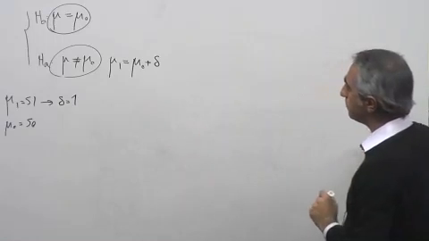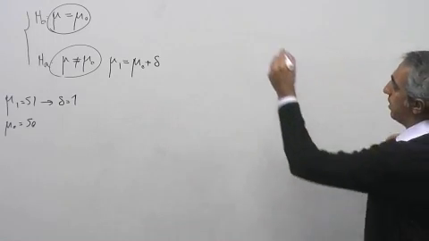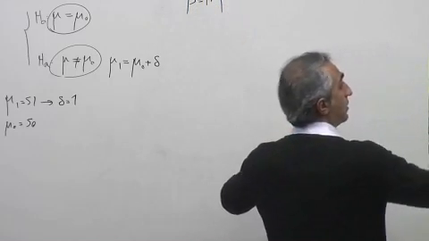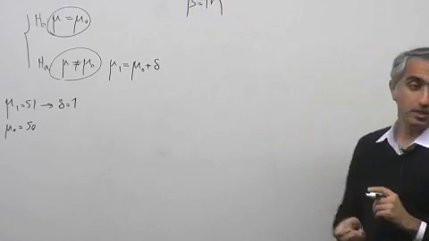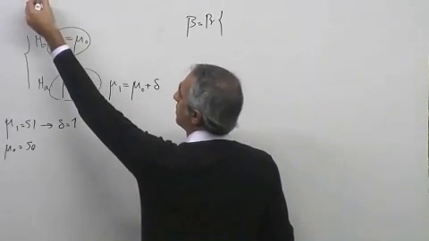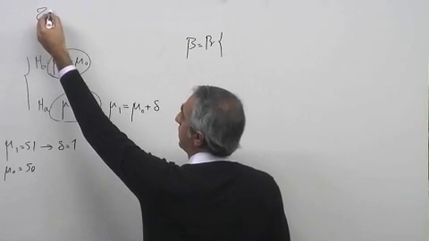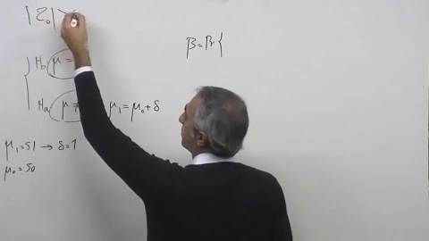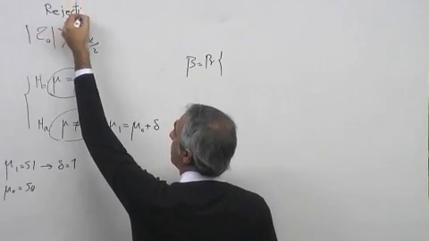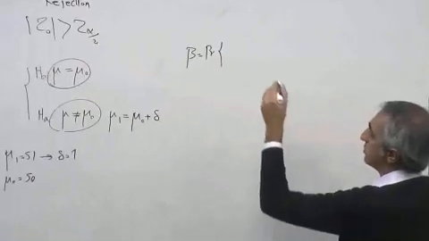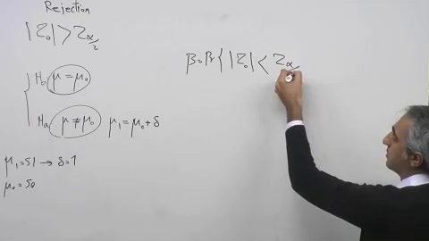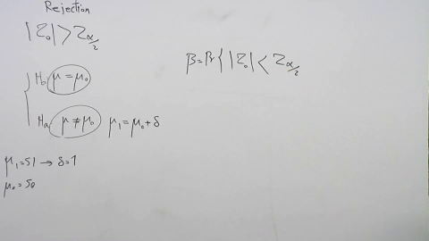Now, let's start with the definition of beta. It is the probability of the test statistic not falling in the rejection region. What is the test statistic here again? It is Z0, and the rejection region is this. Not falling in the rejection region means the absolute value is less than this, you agree?